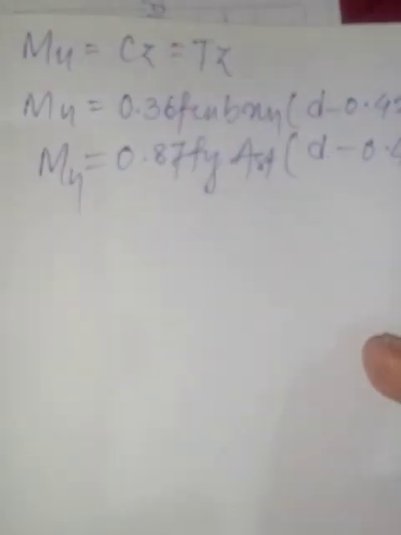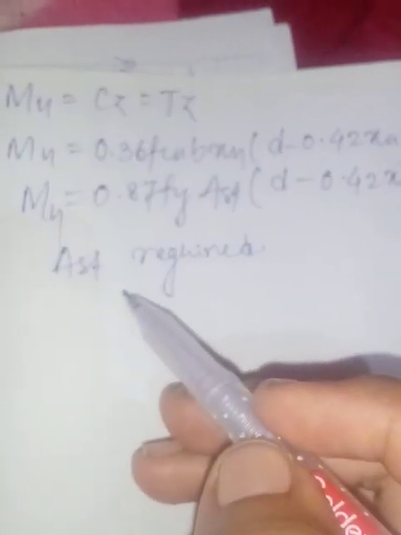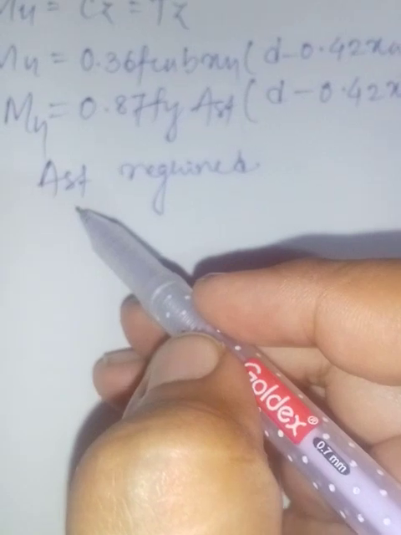This is to find out moment. And if it is under reinforced, we will use XU. If it is limiting, then we will use XU limit. And from this equation, we will find out what is the quantity of Ast required, area of steel required, which completes our singly reinforced design.